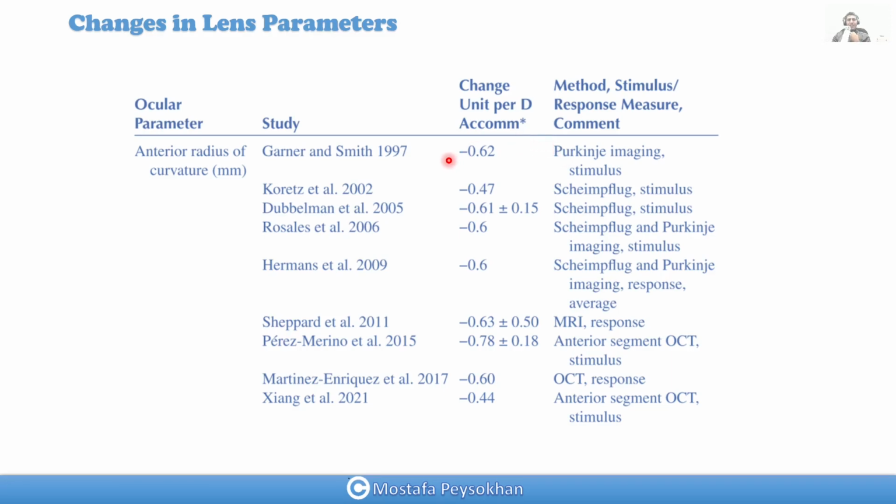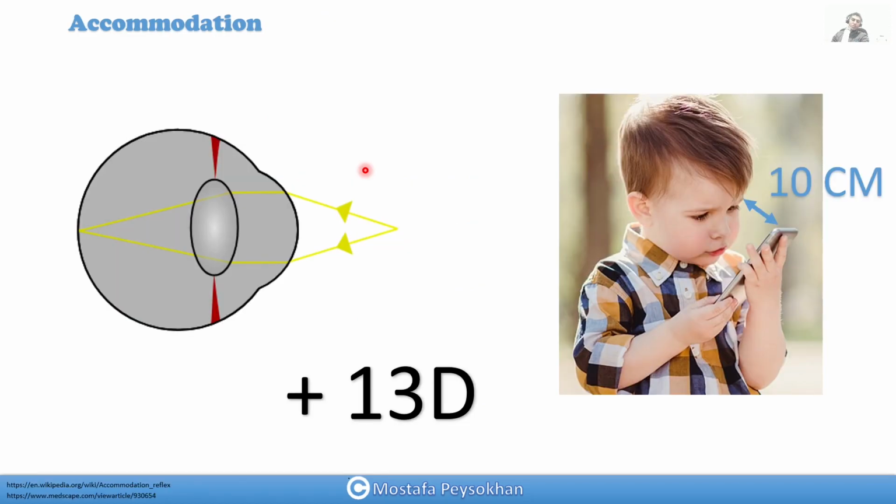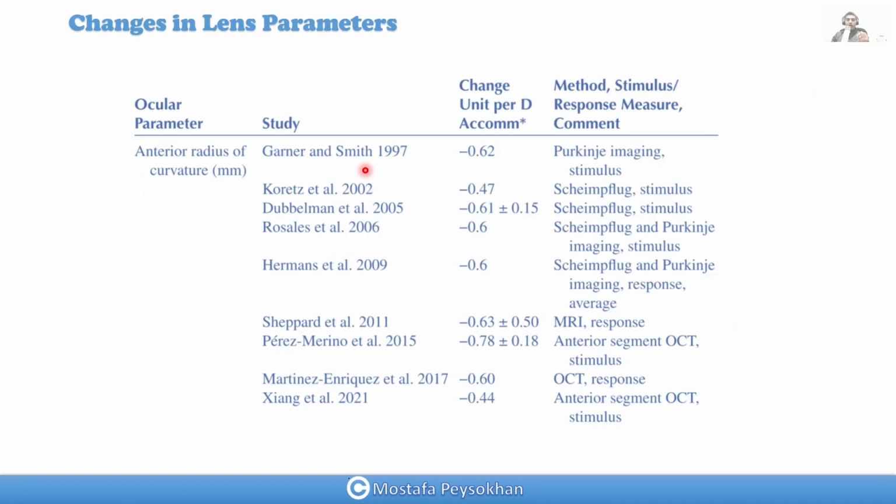During that accommodation process, a lot of things change. Those are some studies. As you remember, I said the full accommodation range here is 13 diopters, so right now we want to talk about what is in between. Now we want to see how much the other optical elements of our eye change per diopter.